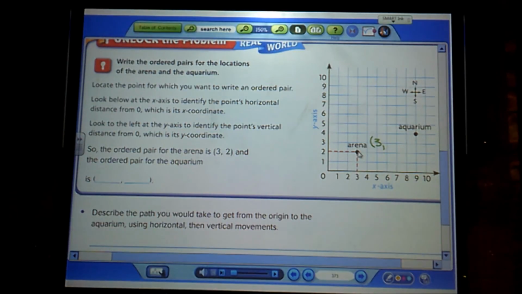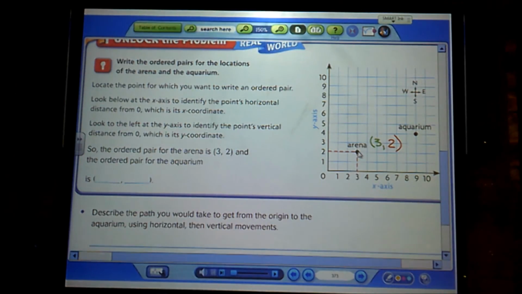So my y-axis is represented by 2. I had to go up 2 and over 3. And you have to have it in that specific order. If you wrote it as an ordered pair of (2, 3), it would put you in a completely different location. And for math purposes, you would really get lost.